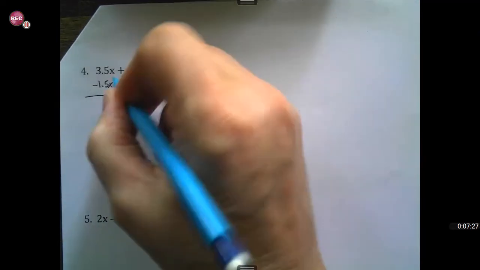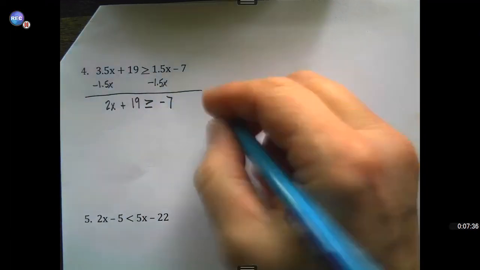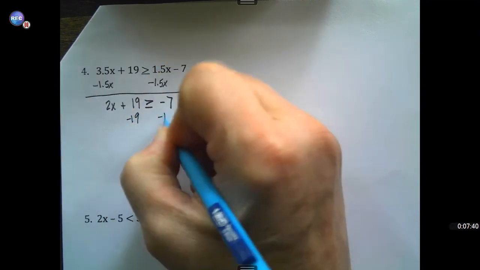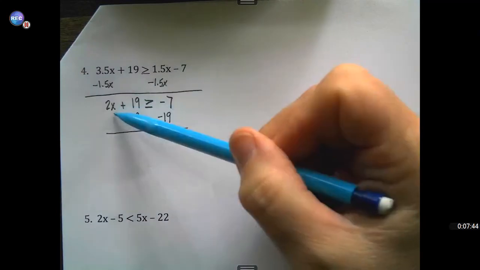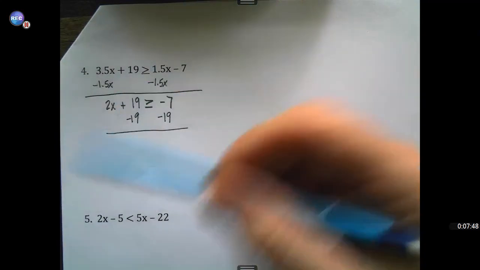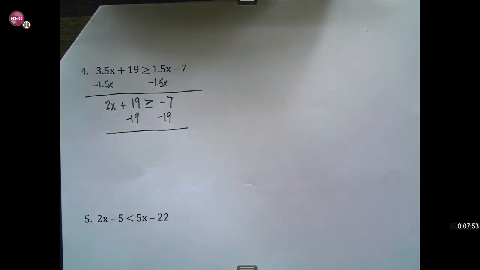I get 2x plus 19 is greater than or equal to 7. And to get x by itself, I subtract the 19 from both sides. Notice also that I chose my x on the left. For that same reason, if my x is on the left side of the inequality, then it's easier to see where the graph is.